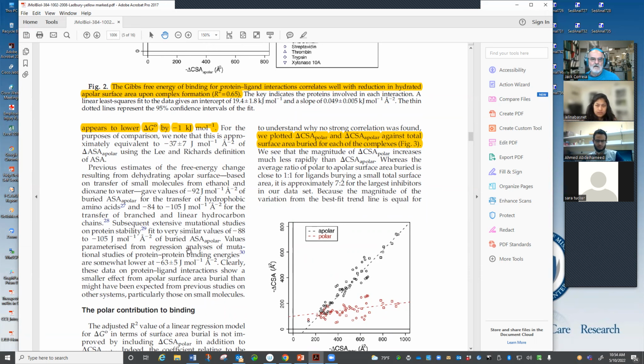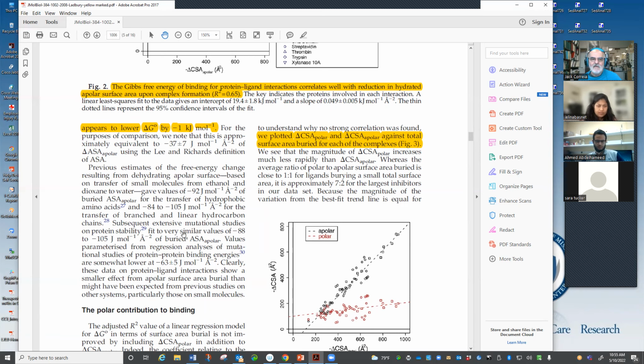And they get a minus 63. Oh no, minus 88. Oh no, the mutational is down here, minus 63. So this estimate from the drugs tends to be a smaller number, is what they're saying, than everything that was preceding it. It's within a factor of, quote unquote, 2, but it's smaller.